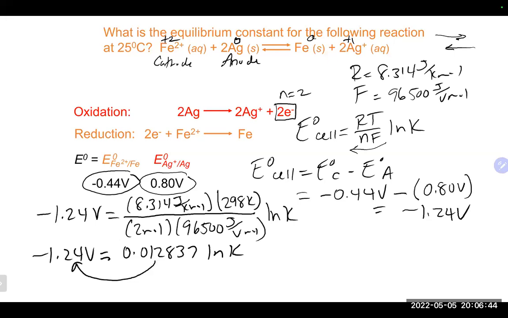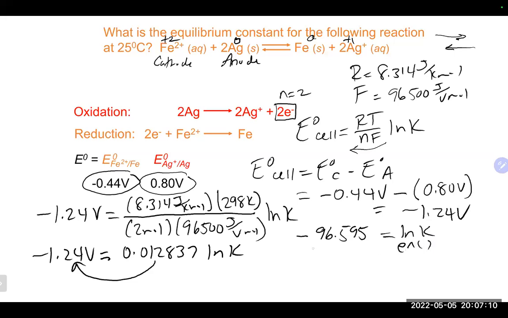We're clearly going to bring that to the other side there. And that's going to be 1.24 divided by my answer. That is going to give me a negative, I believe, here, 96.595. I'll round a little bit there. Equals our natural log of K. To get rid of the natural log, we need to take e to both sides, right?